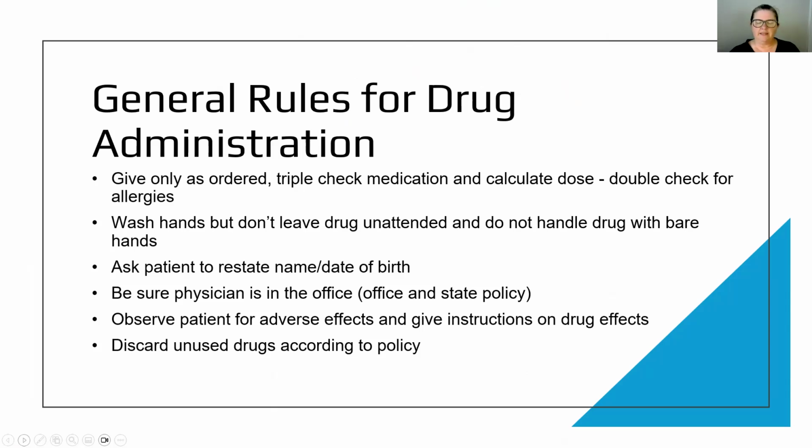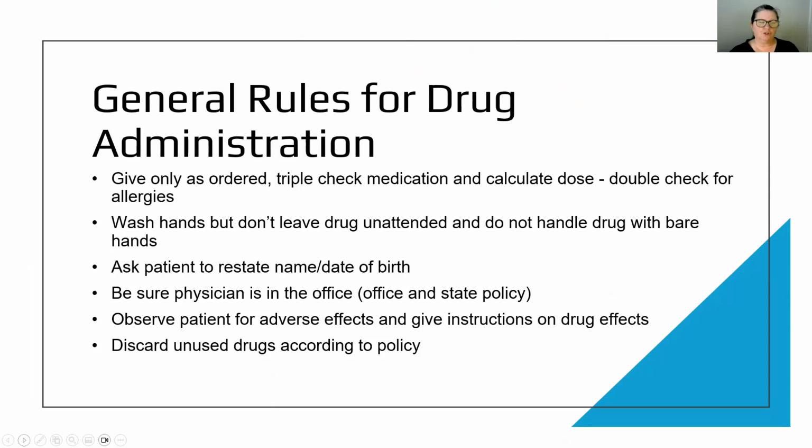So in my state, the provider does not have to be on premises, but you have to be able to get a hold of them either by video or phone, or they have to be within a decent distance to where they can get to you quickly if something goes wrong. So just check your state policies for that.